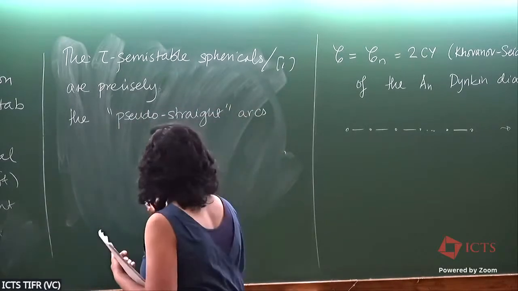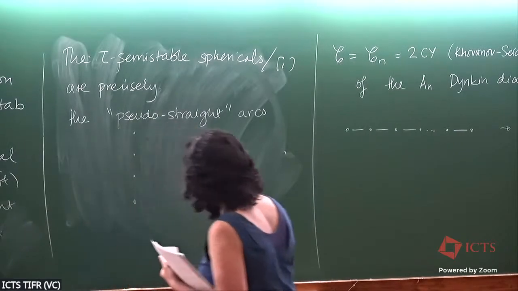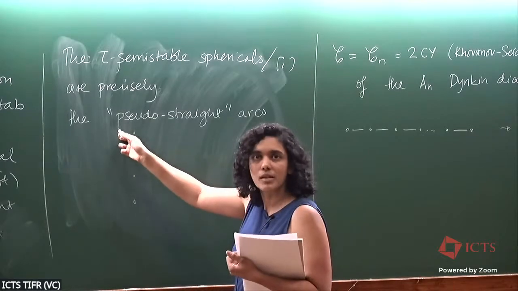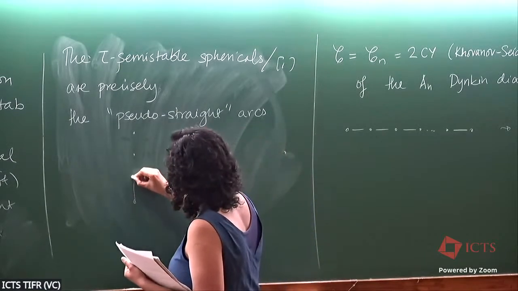And what does this mean? I'll just draw it as an example. Essentially, if you have collinearities, then a pseudo-straight segment is one that goes from some point to some other point. It wants to be straight, but it can't because it goes through these points. So it just avoids.